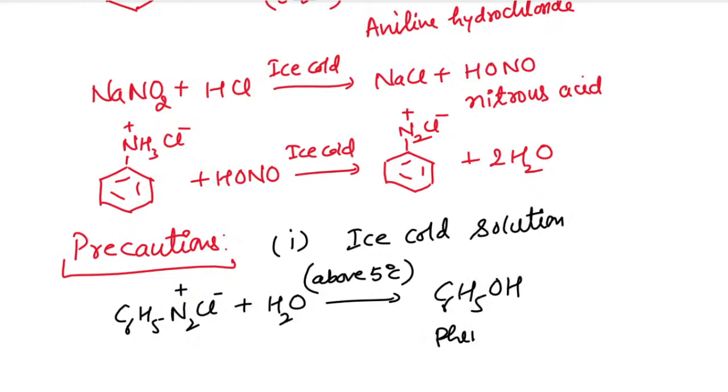We have discussed it earlier. We get phenol instead of the diazonium salt because it is highly unstable. Only under ice cold conditions is it preserved or stable. Otherwise it can give phenol. Very good.